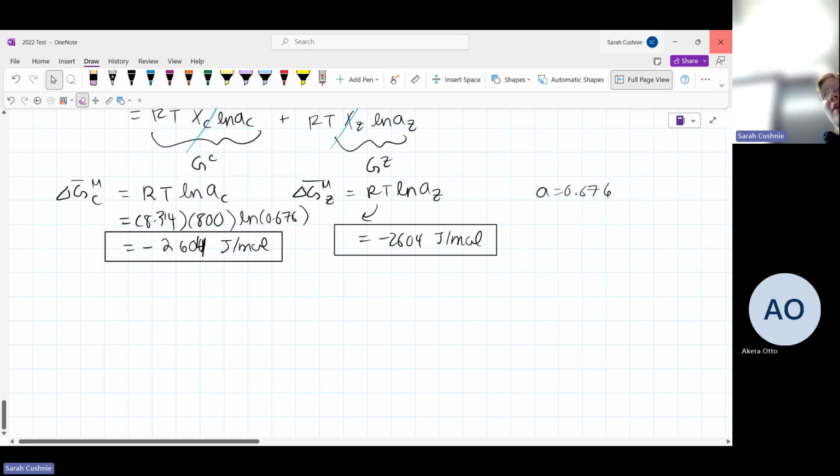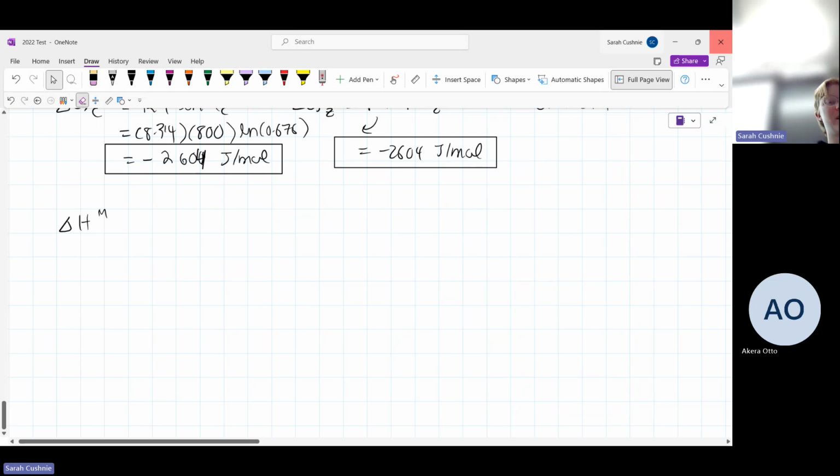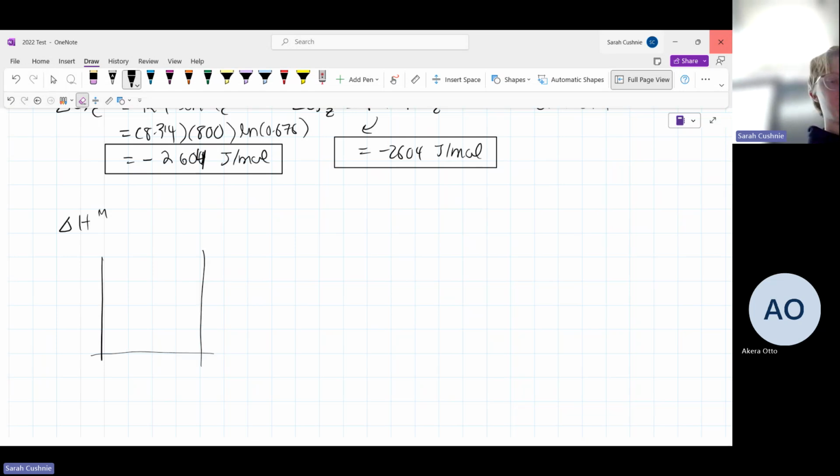We can do the same concept with our enthalpy. So delta H of mixing, there are a couple of different ways we can approach this. The first is to think of it as a regular solution. Theoretically, if we plot delta H over the molar fraction X for a regular solution, it's going to be symmetrical.